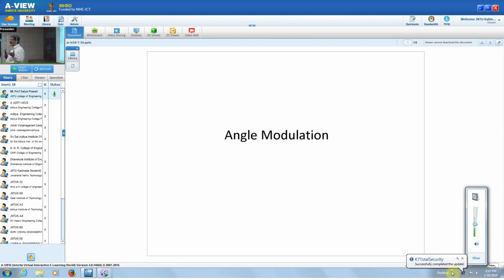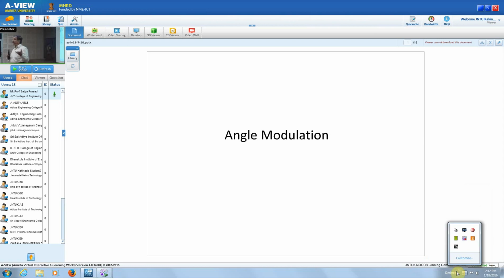If you can't provide the bandwidth, then you have to pay for that by going for more noise. Whereas if you can go for more bandwidth, you can reduce the noise in the case of the angle modulation technique. So these are the basic comparisons between amplitude modulation and angle modulation that we are going to have.